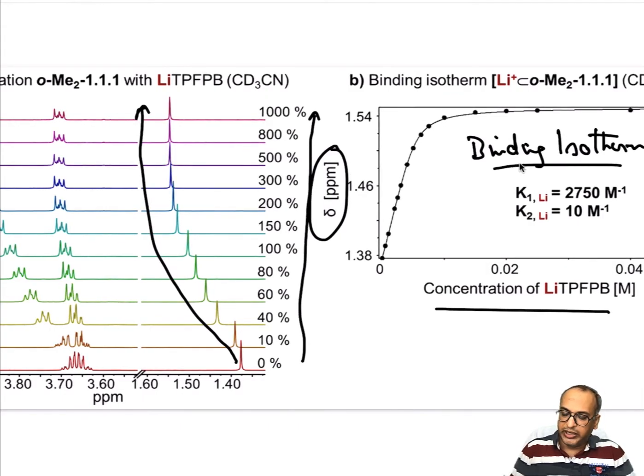So one can estimate the binding constants and how many binding sites are present in the molecule. So one can understand the thermodynamics of binding by doing a simple titration of a molecule and then following that titration by measuring the NMR spectrum, right?